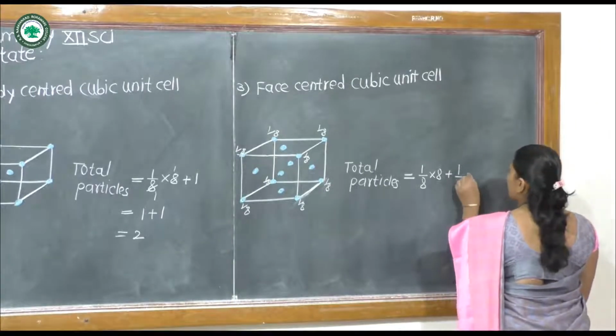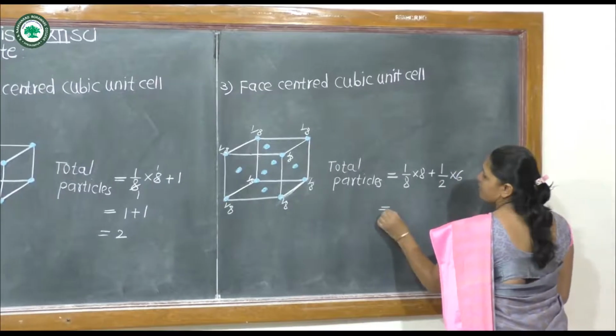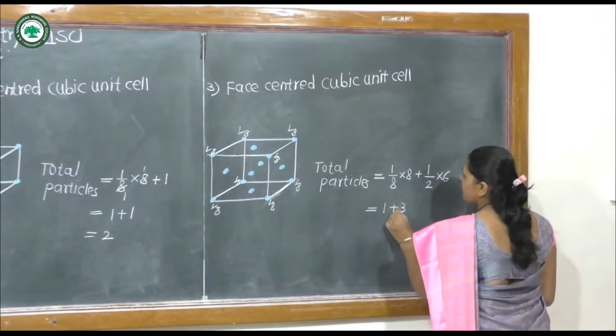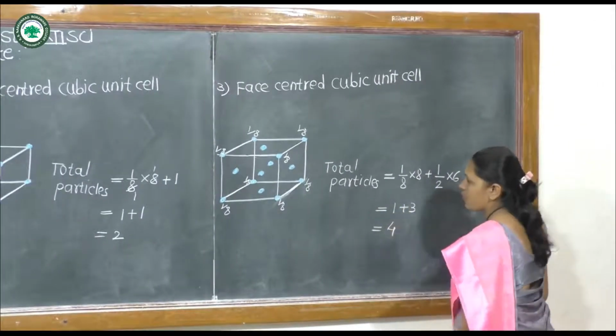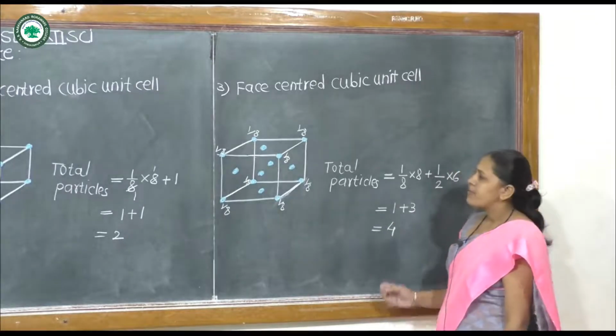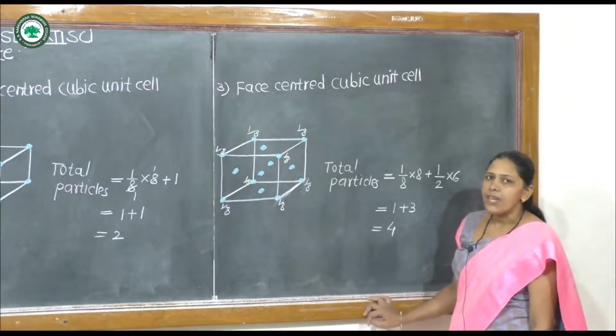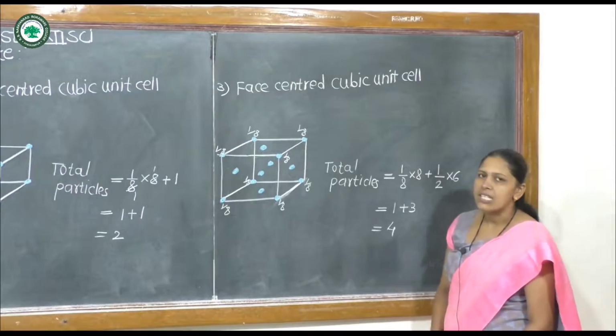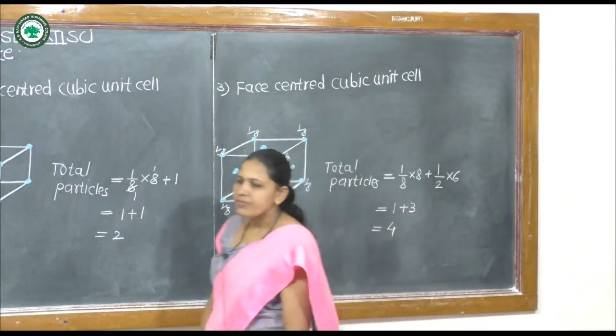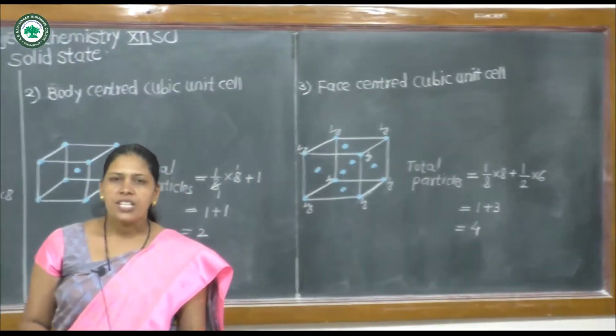Therefore, 1/2 multiplied by 6 is equal to 3, and 1 plus 3 is equal to 4. Therefore, the total number of particles present in the face centered cubic unit cell is equal to 4. Okay, next point in the next lecture.